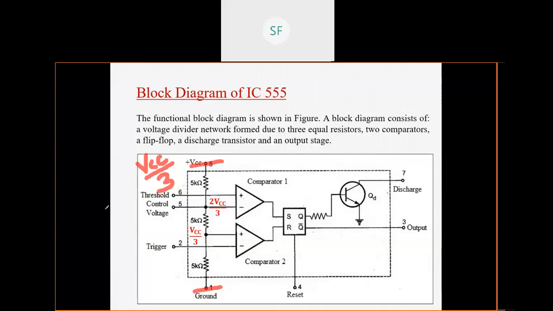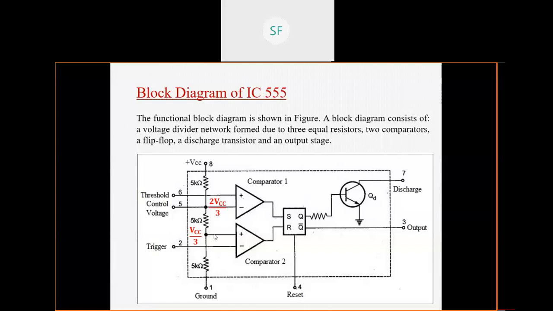Okay, I hope this is clear. This is very important, and you should remember this. So we are discussing the block diagram of IC 555, and under that block diagram, this was our first component, called the voltage divider network formed due to three equal resistors.